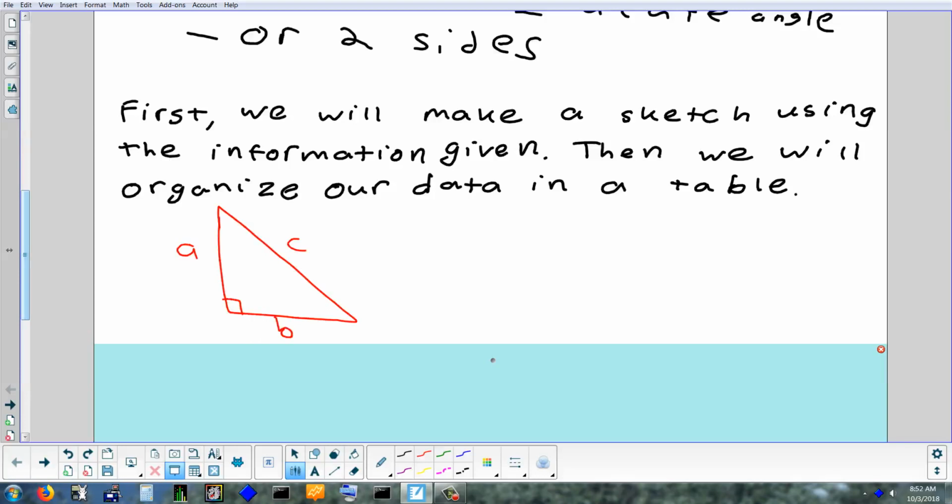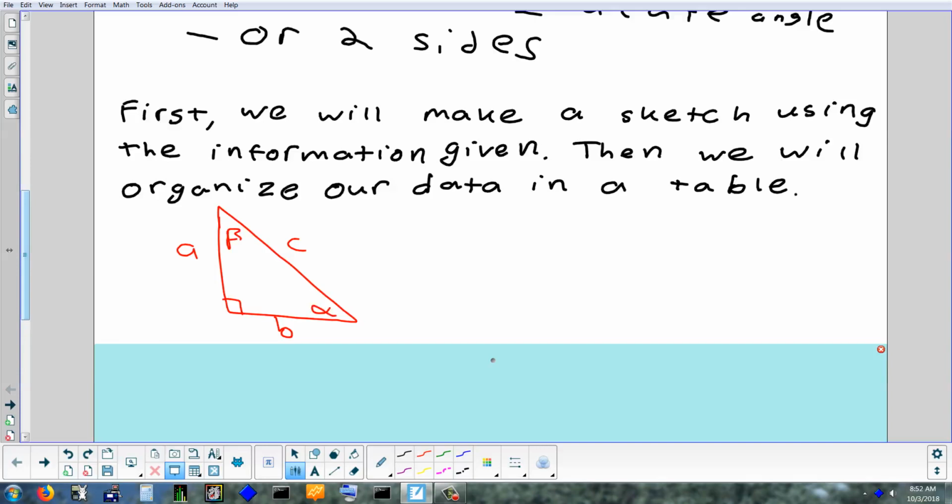Now, does anyone remember the Greek letter that we put across from A? Beta? Oh, I think they start with the same letter if you write them out. Oh, alpha. Alpha, A, alpha. So we put alpha there, and then we put beta there. That's the triangle I'm going to use for every problem.